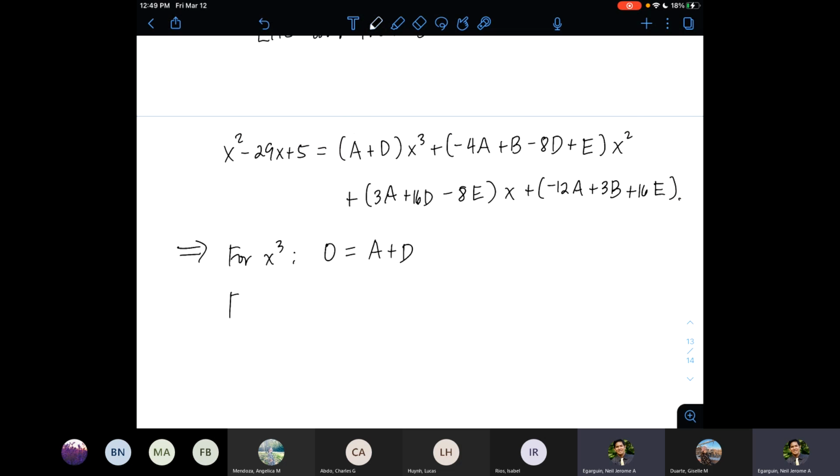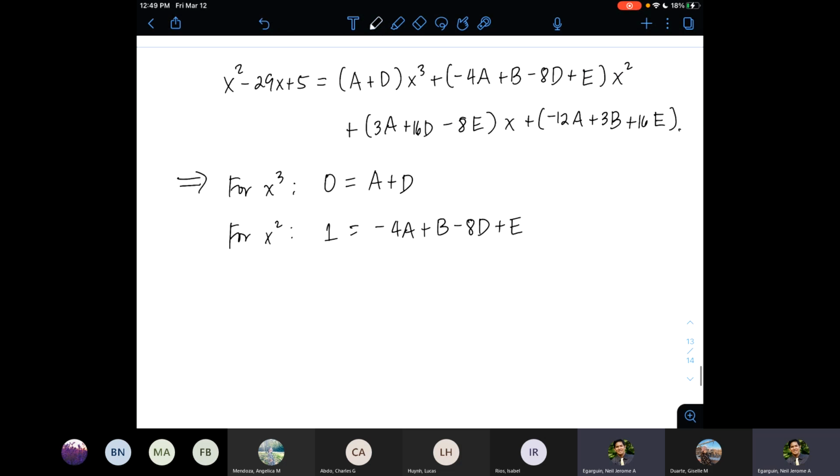Now for x squared, the coefficient of x squared on the left is 1, right? So you have a 1 here. But the coefficient of x squared on the right-hand side is this long expression, minus 4a plus b minus 8d plus e. Okay? And then the coefficient for x on the left is minus 29.